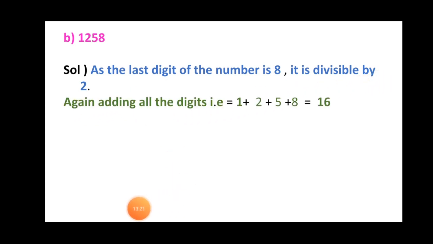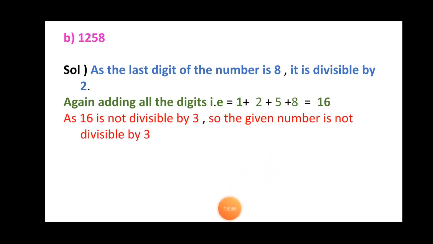Now when we check its divisibility by 3, we will take the sum of all its digits. Here, adding all the digits of the given number, we have obtained a sum equal to 16. So we can write that 16 is not divisible by 3.